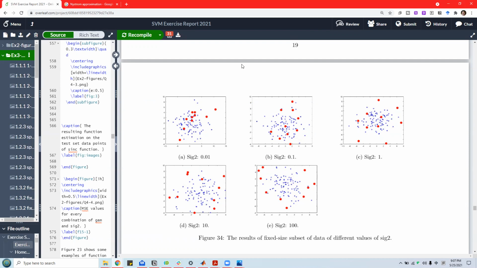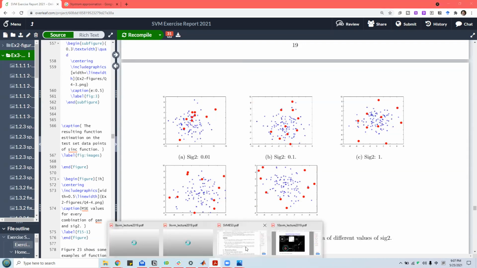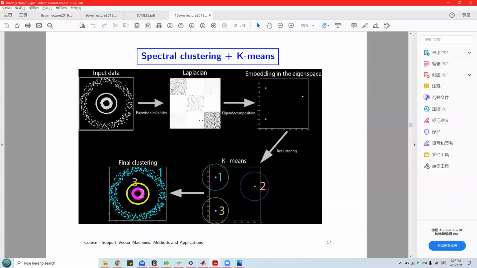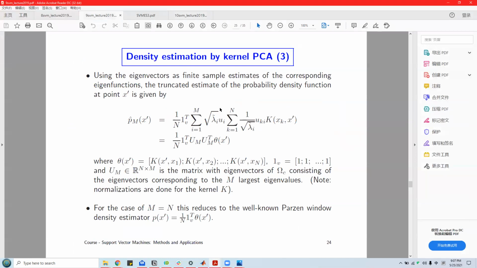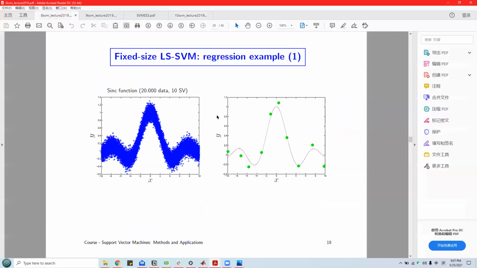I didn't use a large value like sigma equal to 100. My biggest sigma value is equal to 5, and I can see the red points spread evenly.